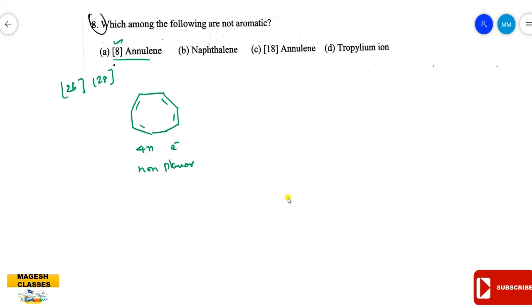In case of annulenes, the [8], [10], and [16] are non-aromatic. The [12] is anti-aromatic and [14] is aromatic. This is because of the structural nature and pi electron nature. From [18] onward, all are aromatic in nature.